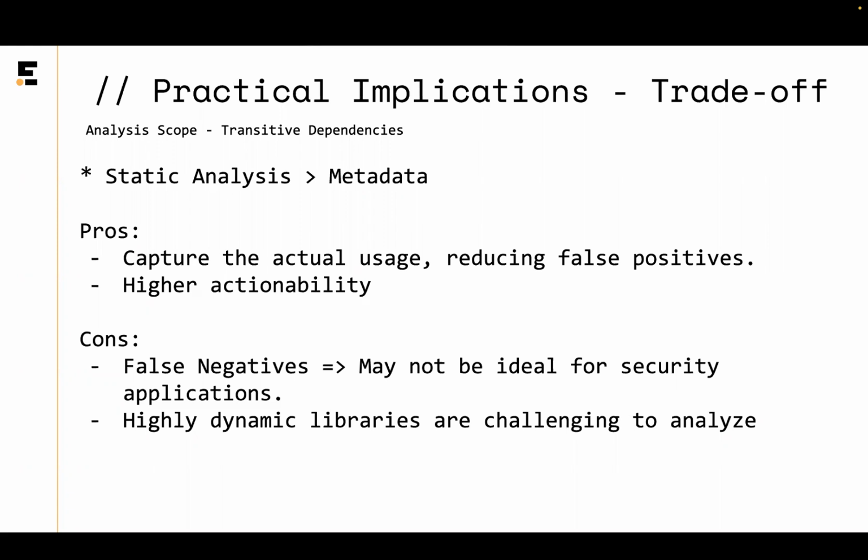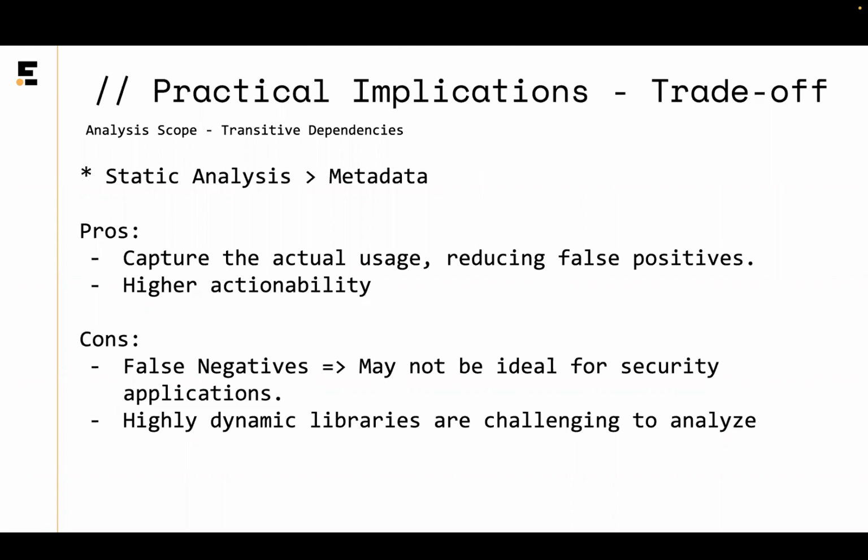But there are, of course, some problems with applying static analysis, and that is that there might be a risk for false negatives. Here we have to be careful when it comes to security applications, because if, for example, you're using a library that does a lot of dynamic function dispatch, or reflection or other things, static analysis is not so strong.